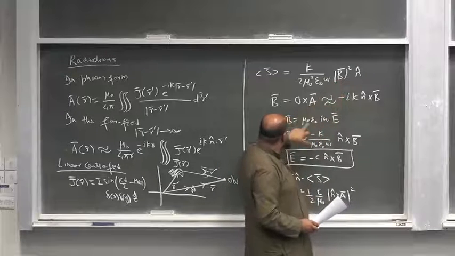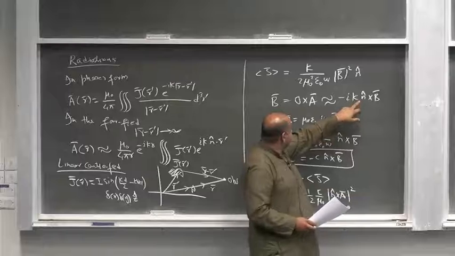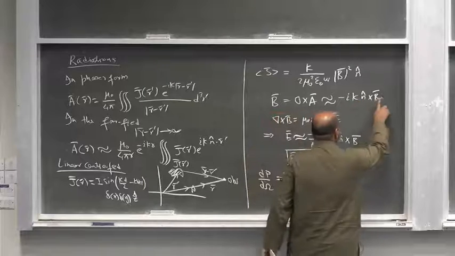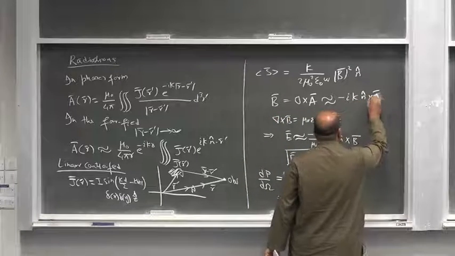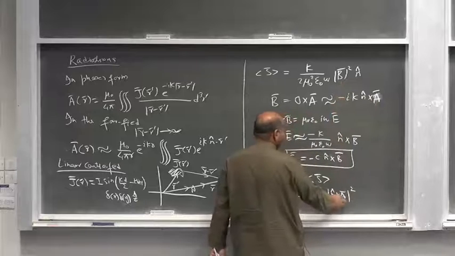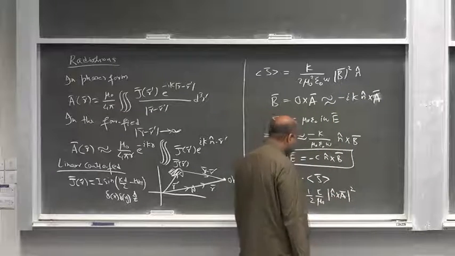This B is this, so this is A. So you can either write it in terms of B or n cross A. It's the same thing.